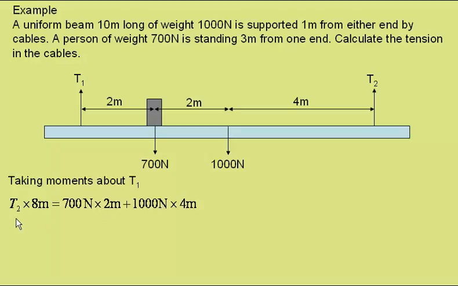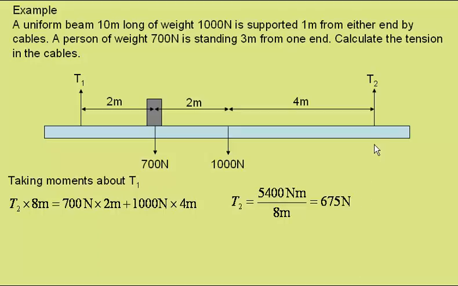So now I have T2, which is the anti-clockwise moment provided by this, multiplied by 8 metres, which is this distance, must be equal to the clockwise moments of 700 newtons times 2 metres, the clockwise moment of the person, plus 1000 newtons times 4 metres, the clockwise moment of the beam. I can now rearrange for T2, and I find that T2 is equal to 675 newtons.